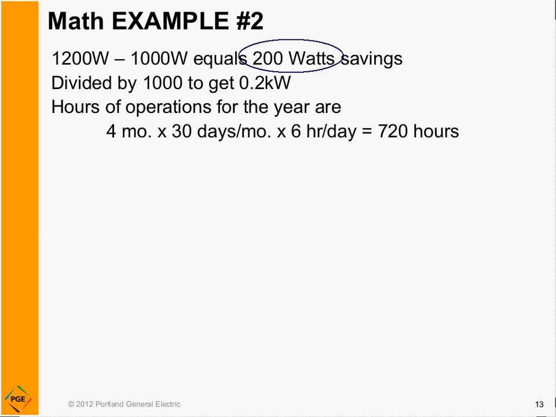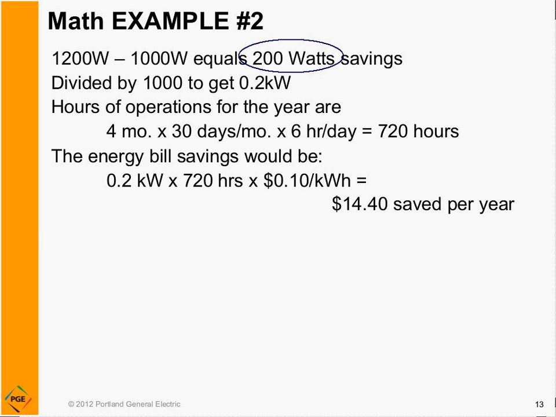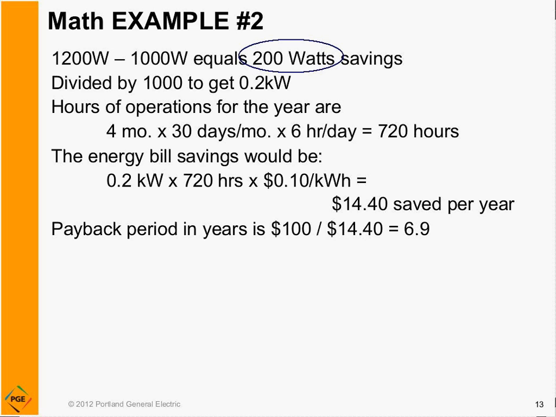I have 720 H's here. If I put all that into the formula, I get 0.2 kW times 720 times 10 cents, $14.40 a year. Now I can answer the question, when do you get your $100 back? The answer is about 6.9 years, assuming no change to electric rates.